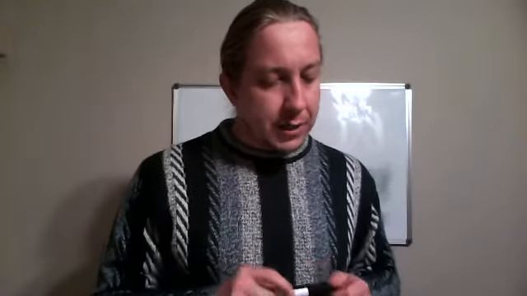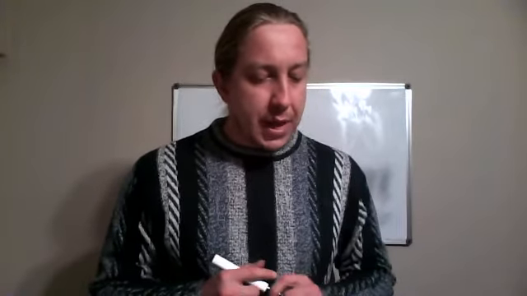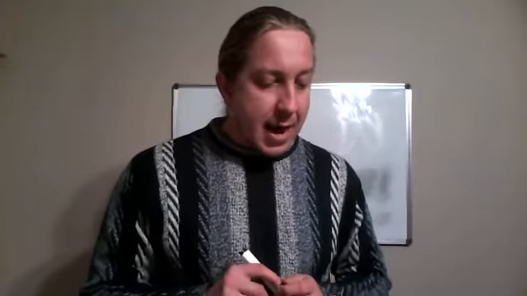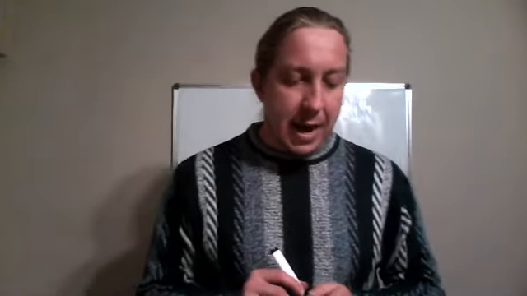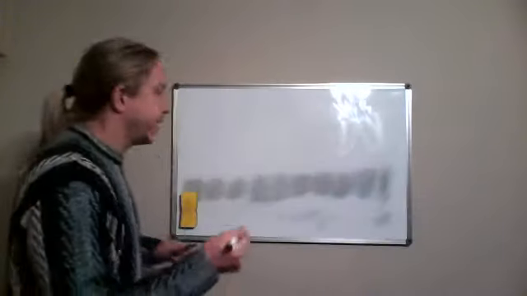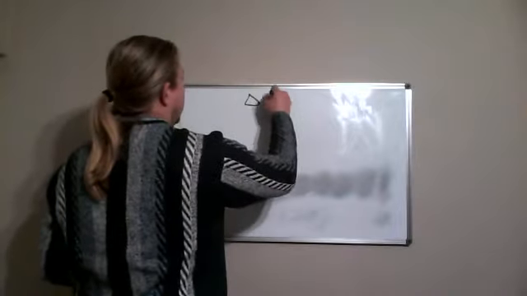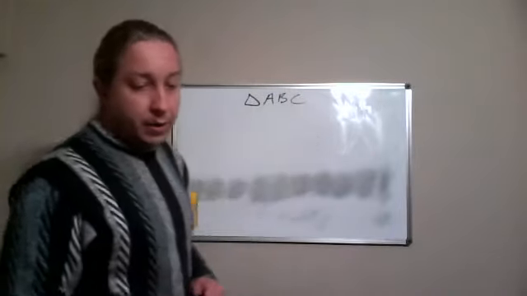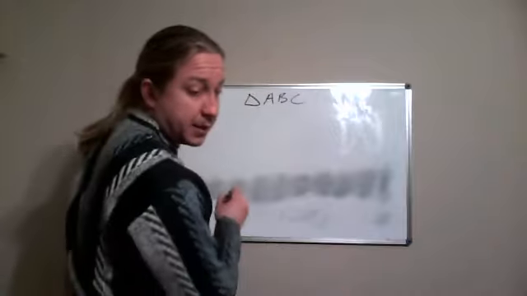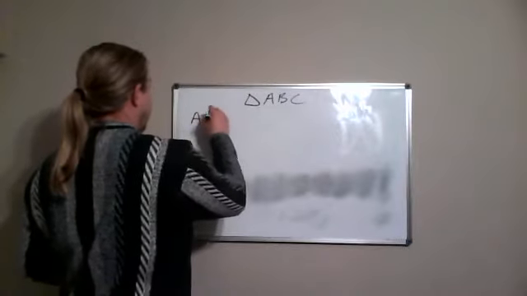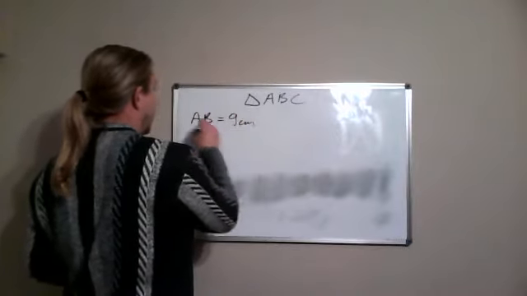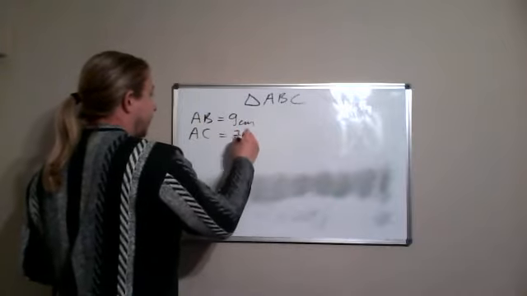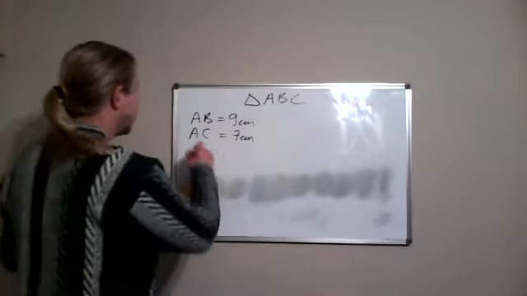So without using a protractor, construct a triangle ABC with AB 9 centimeters, AC 7 centimeters, and angle A 60 degrees. So we want triangle ABC. AB is 9, AC is 7, and angle A is 60 degrees.